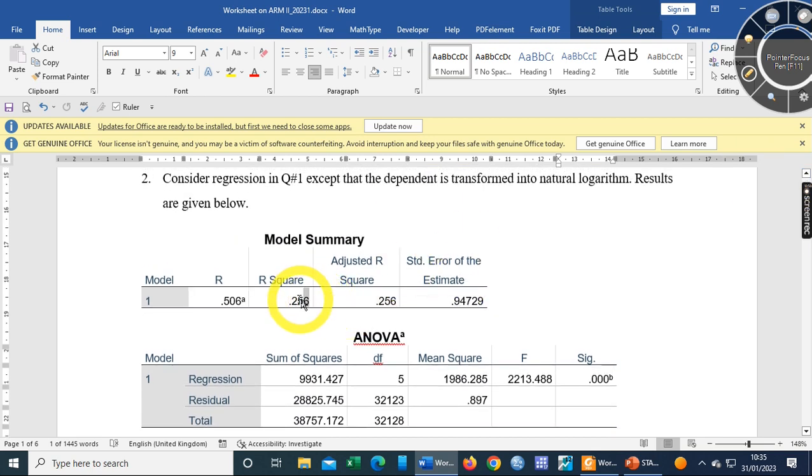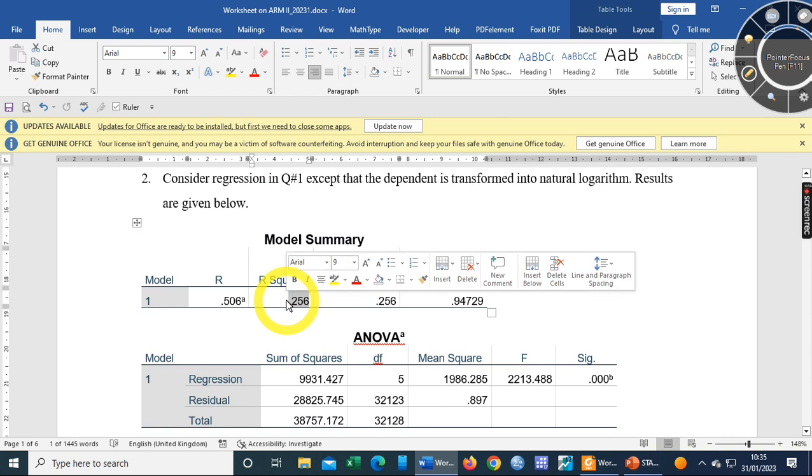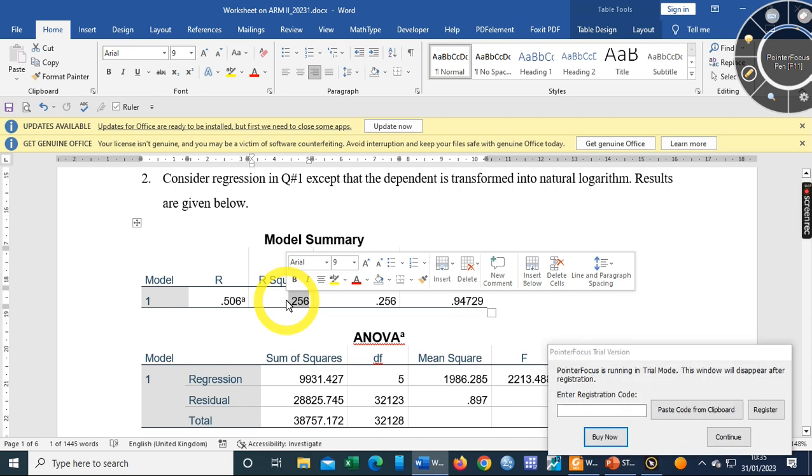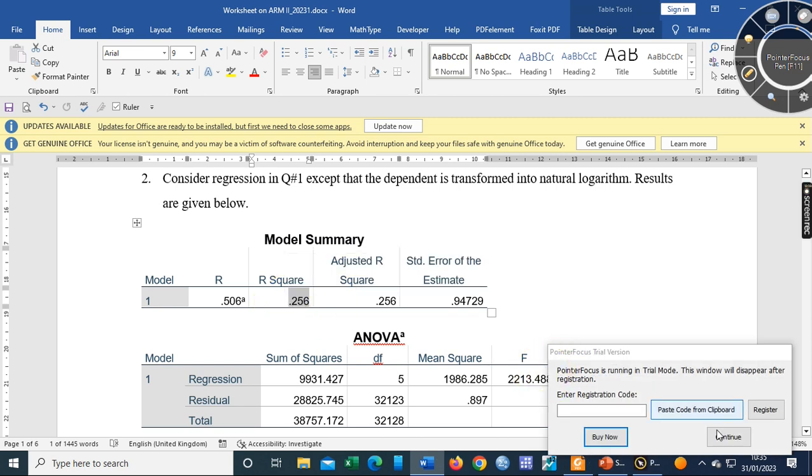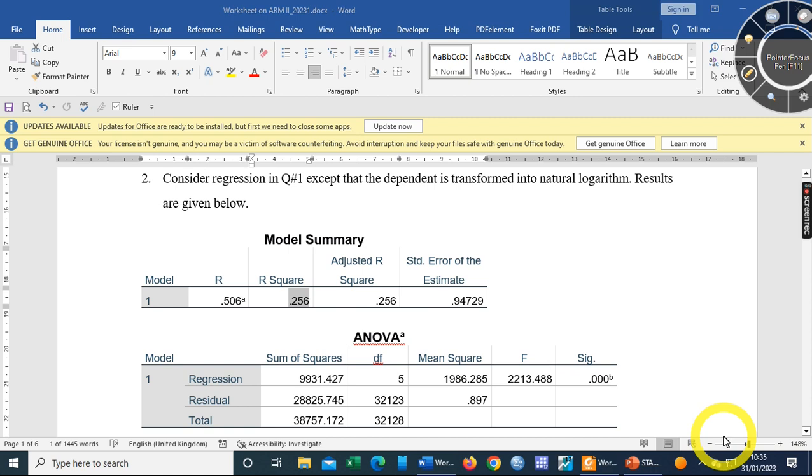If r square is statistically significant, you can interpret the value. We said that r square is 25.6%, which implies that about 25.6% of the total variation in the natural logarithm of real income is explained by the included explanatory variables.